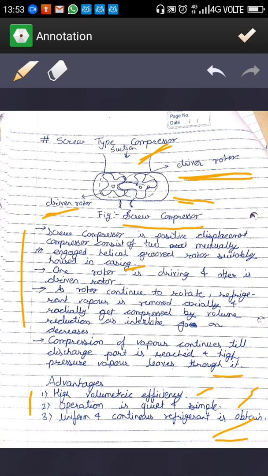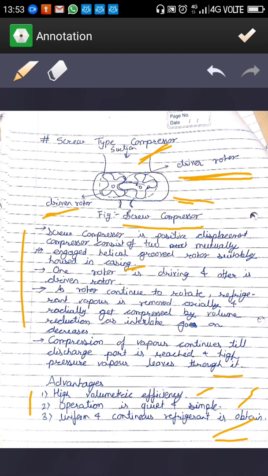The screw compressor is a positive displacement compressor, consisting of two mutually engaged helical grooved rotors suitably housed in a casing. One of the two rotors, generally the male rotor, is the driver, having four helical lobes which are engaged in corresponding grooves of the female rotor.